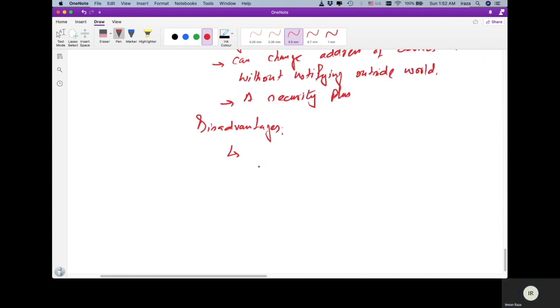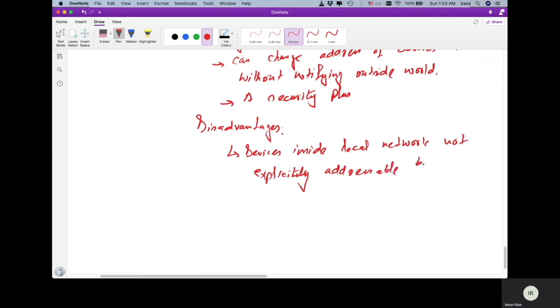So devices inside the local network are not explicitly addressable by the outside. Obviously, we can access them, but not explicitly. Okay. Why is it a disadvantage?